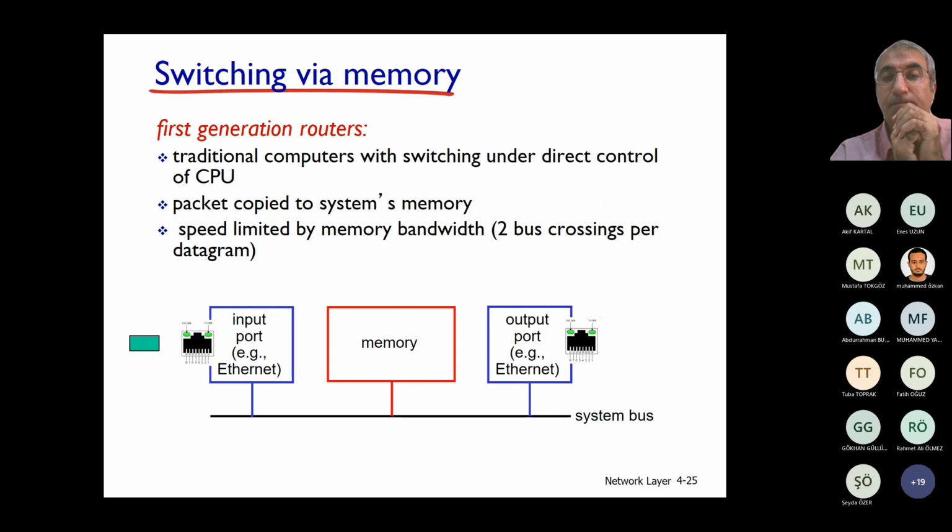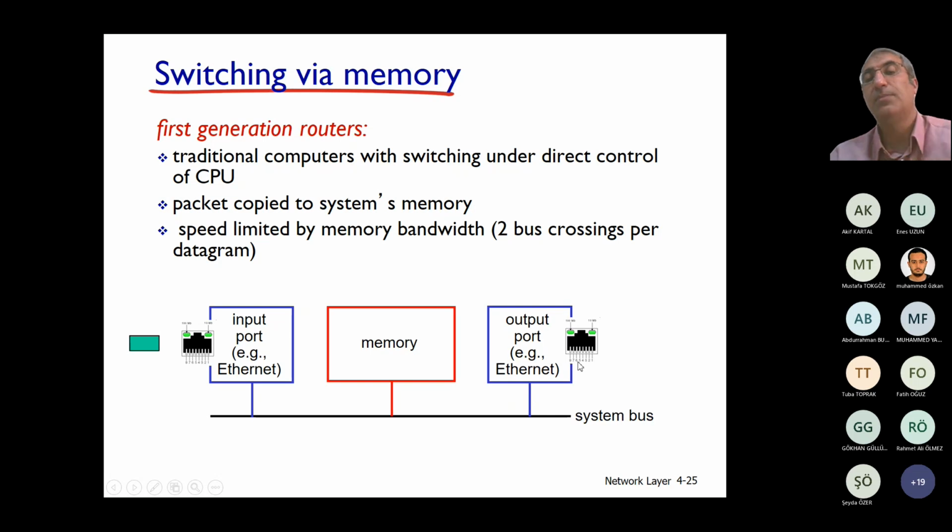In this case, it's very simple. We have a simple mechanism where the packet is copied to the system's memory. First of all, you copy the packet into memory, and then the output port takes this packet from the memory.